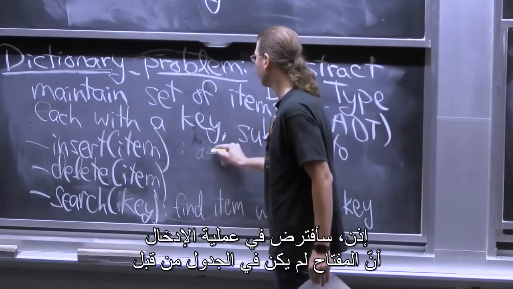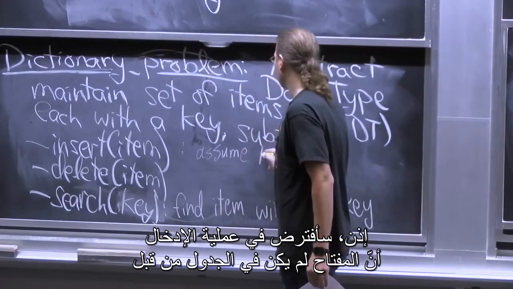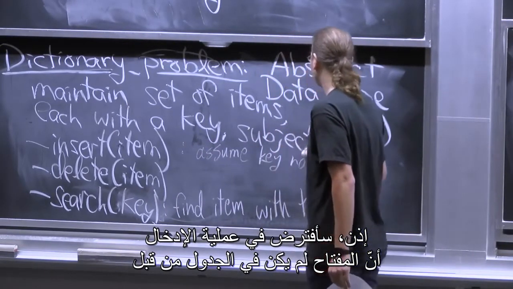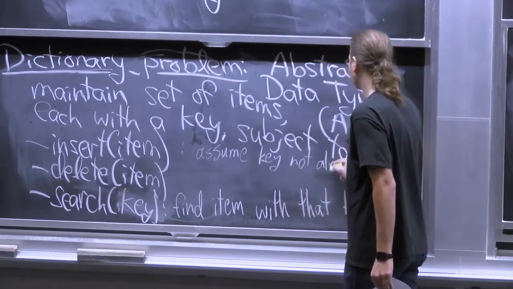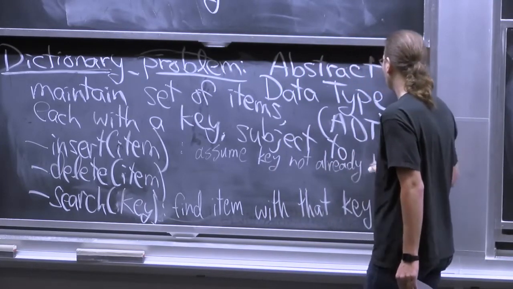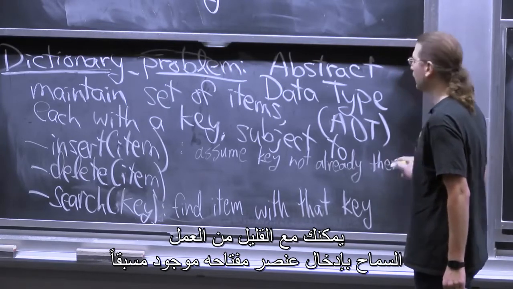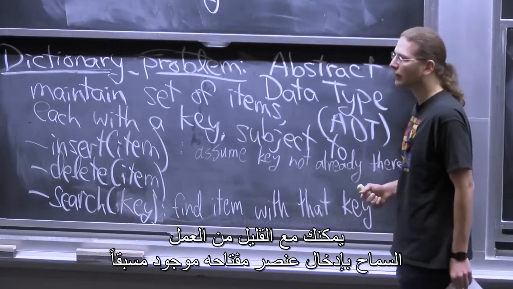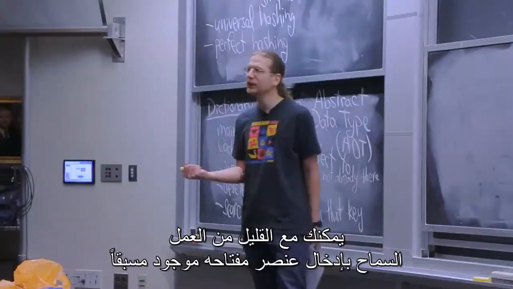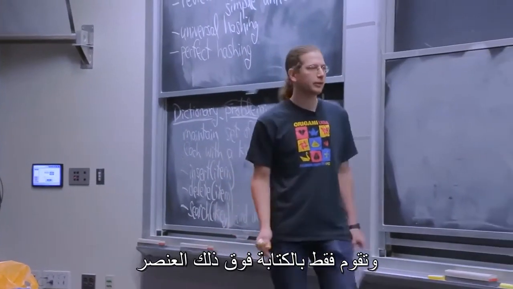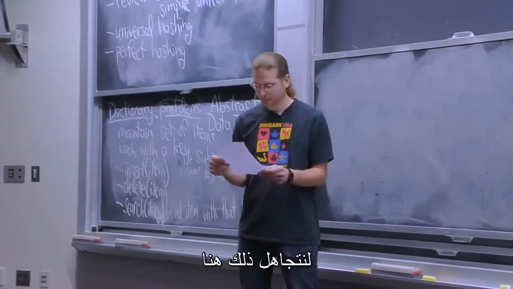So in the insertion, I will assume the key is not already in the table. With a little bit of work, you can allow inserting an item with an existing key, and you just overwrite that existing item. But I don't want to worry about that here.